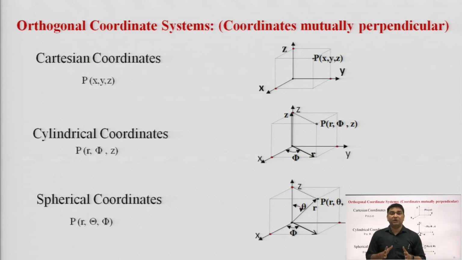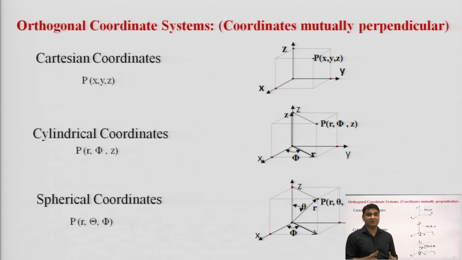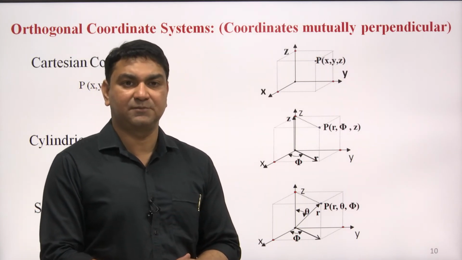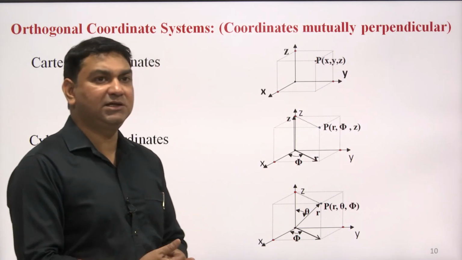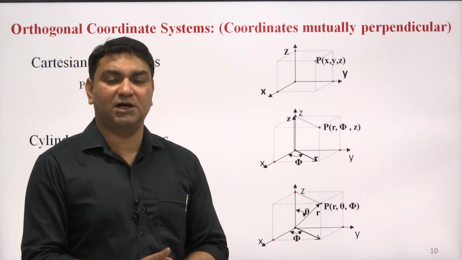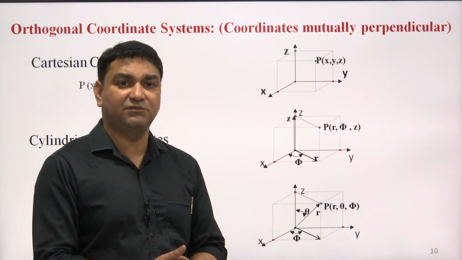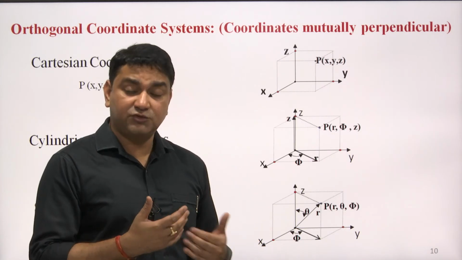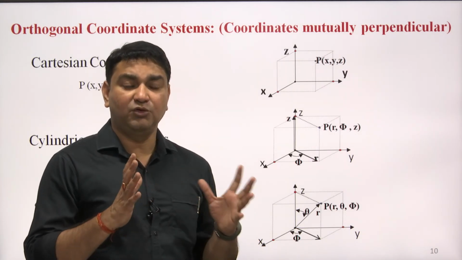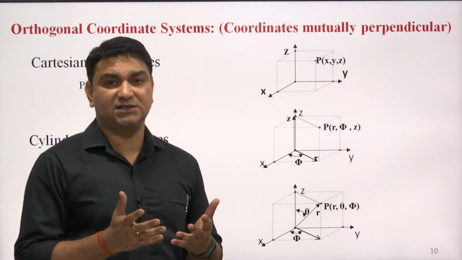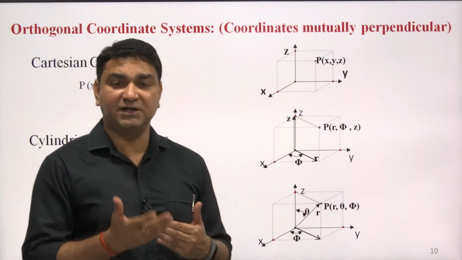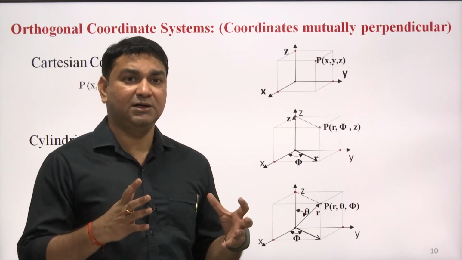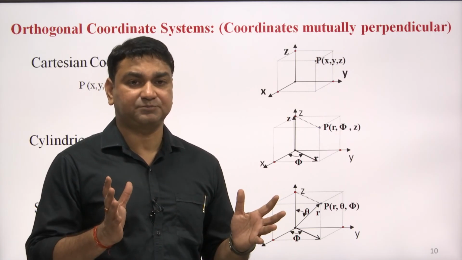This is a very important diagram which describes types of orthogonal coordinate systems. Basically, all these 3 types of orthogonal coordinate systems are very frequently used in the electromagnetic field theory, where we visualize the orientations of the different objects, orientation of the different fields, or the orientation of the different vectors in the terms of free space.